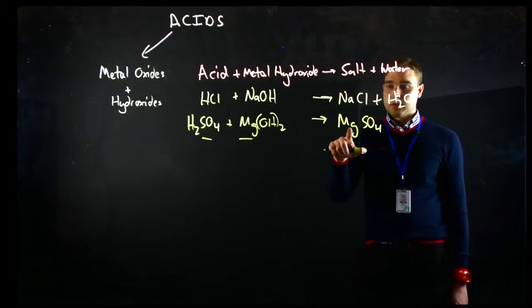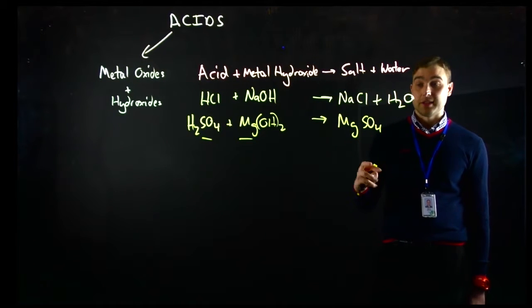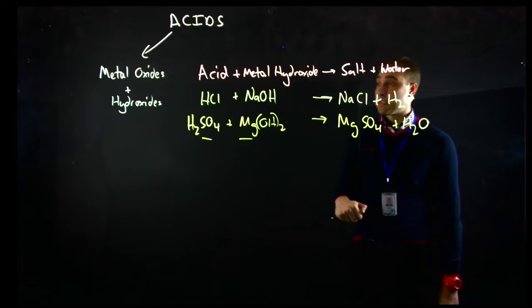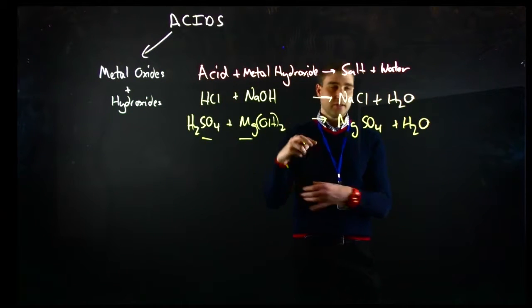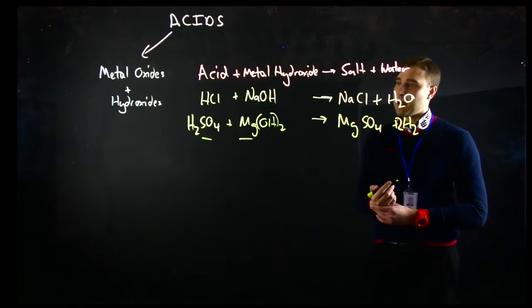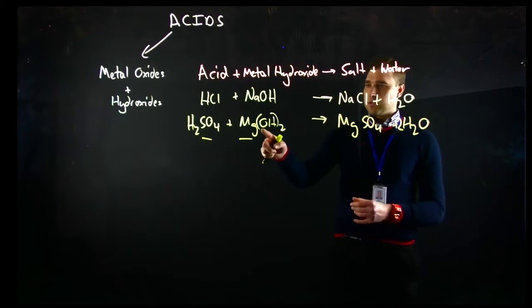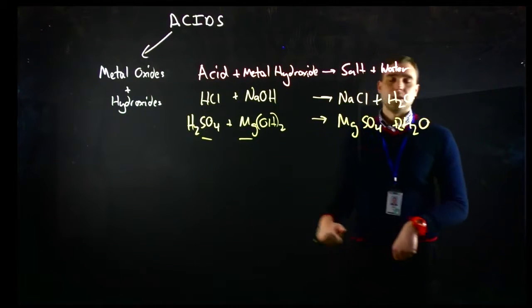Now we've got magnesium has a charge of 2+, sulfate has a charge of 2-, so they balance out, that's okay. And water. Let's check our balancing. 2 hydrogens, 4 hydrogens, so that means we're going to need to double the amount of water molecules. Let's have a look at our oxygens, 2 oxygens, 2 oxygens, 1 sulfate ion, 1 magnesium.